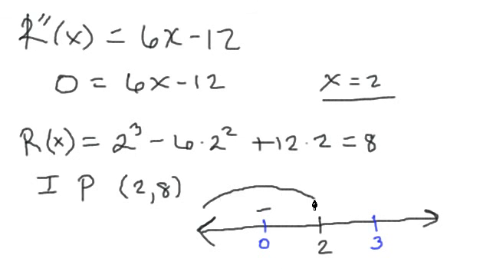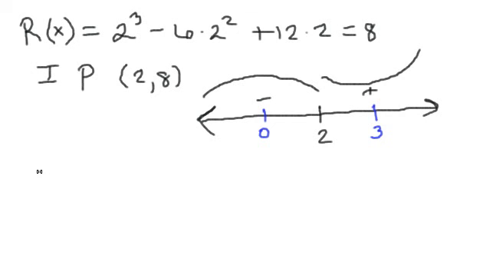I'll draw a line so we know it's concave down from negative infinity up to 2. Then I plug 3 in, and 6 times 3 is 18. 18 minus 12 is going to be a positive number. Then we say that the graph is concave up from 2 to infinity.